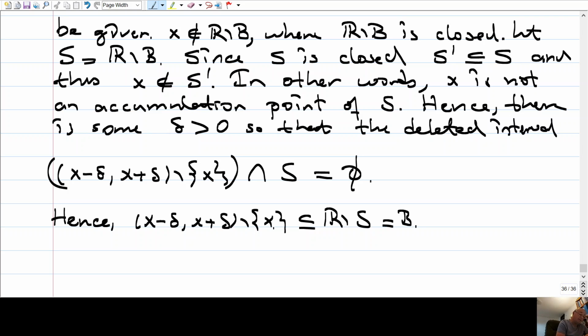What about the point x? Well, x is already in B, right?